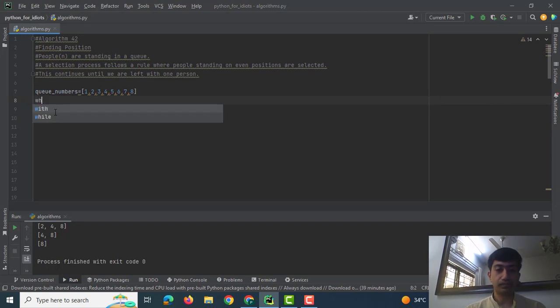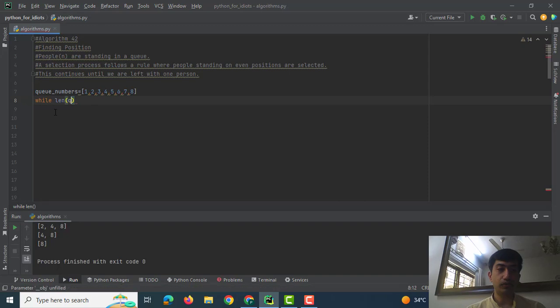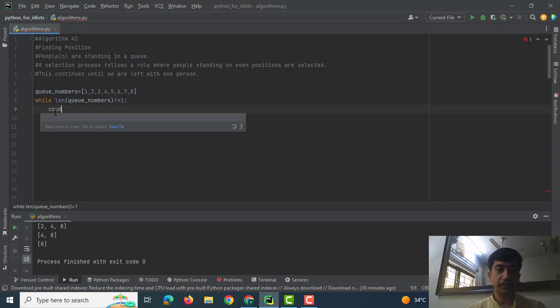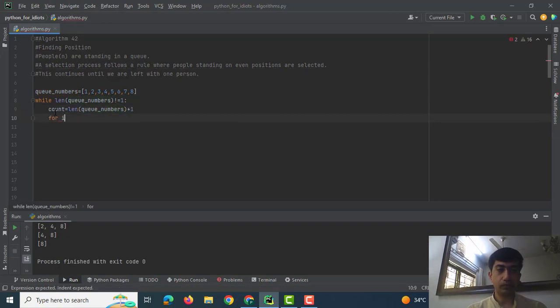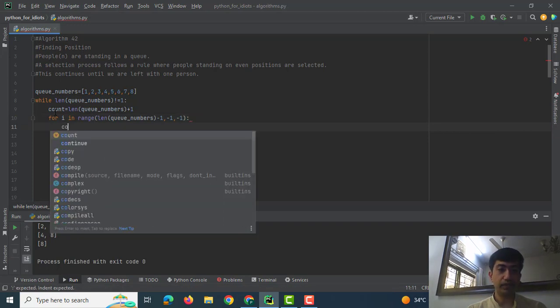While length of queue numbers is not equal to 1, I make a count variable equal to length of queue numbers plus 1. I make a for loop for i in range(length of queue numbers minus 1, minus 1, minus 1). Then I decrease count variable by 1.